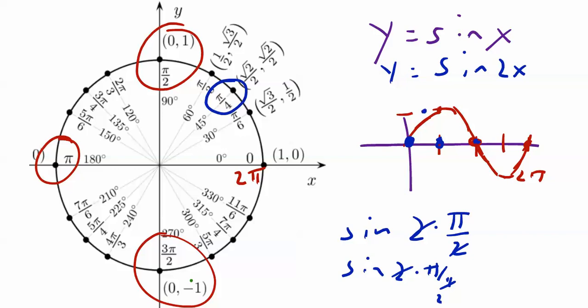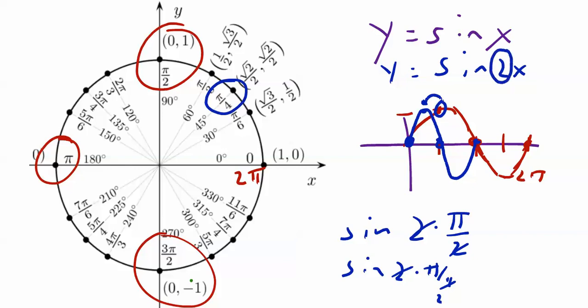So what happened is this maximum point moved halfway over, or its distance got cut in half. So I'm getting this new graph that's going up and down twice as fast. So what that B value does is it affects the period.